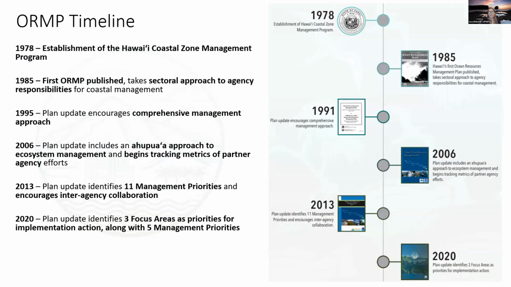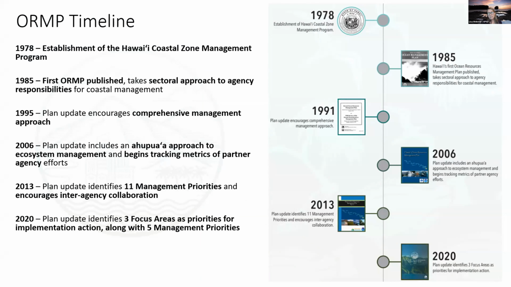So here's a little bit of history of the ORMP. The Hawaii Coastal Zone Management Program was established in 1978, and in 1985, the first ORMP was published. The first version took a sectoral approach to agency responsibilities. And in 1995, there was a plan update which encouraged a more comprehensive management approach.